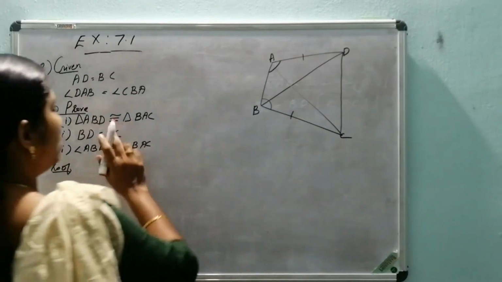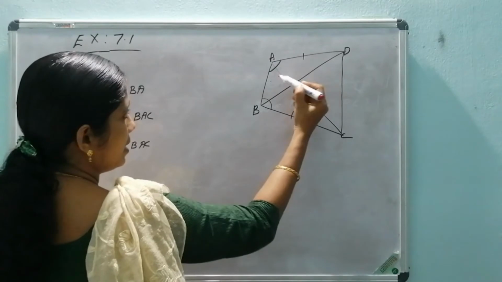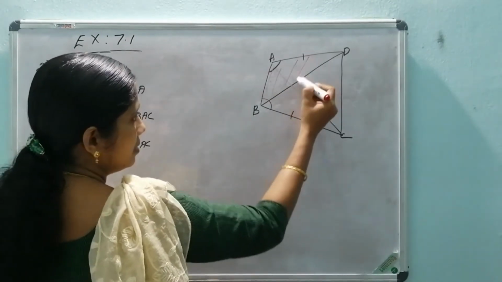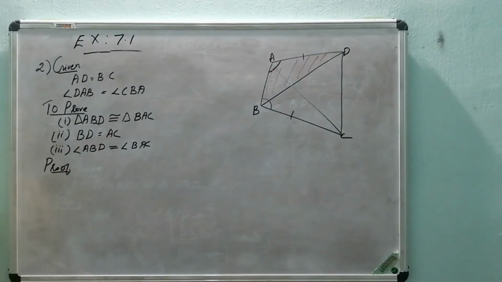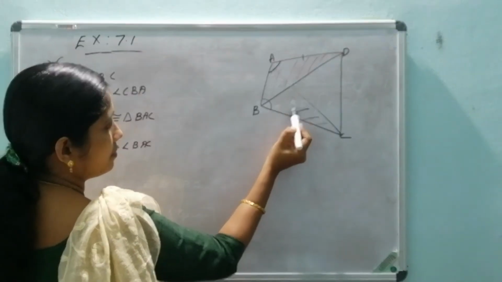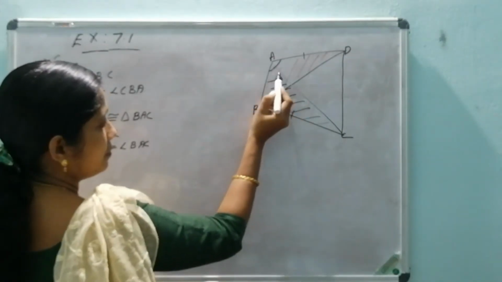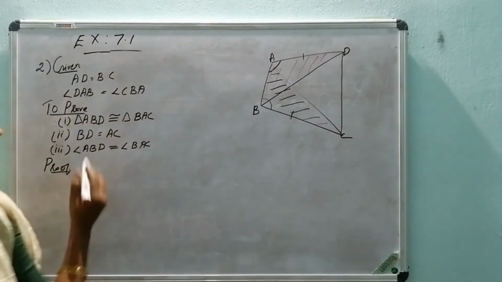Triangle ABD means this triangle, and the next triangle is BAC, this triangle. You have to prove that these two triangles are congruent. Look here.